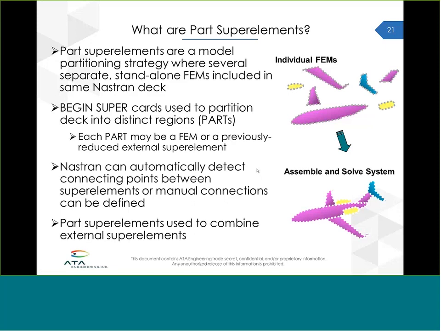And if they're within some tolerance, it says, oh, these must be attached. So it essentially ties them together. It can do that totally automatically. You optionally can make the process of connecting those all together completely manual, or any combination of those two. Again, these are used to combine previously reduced external superelements.